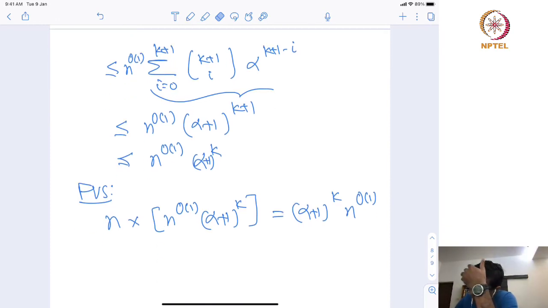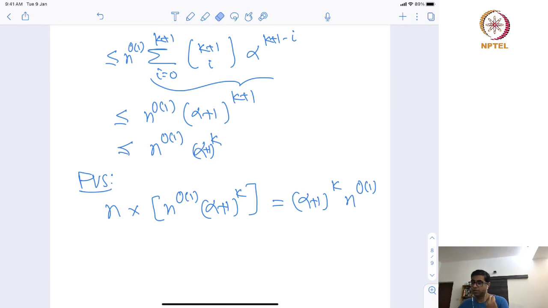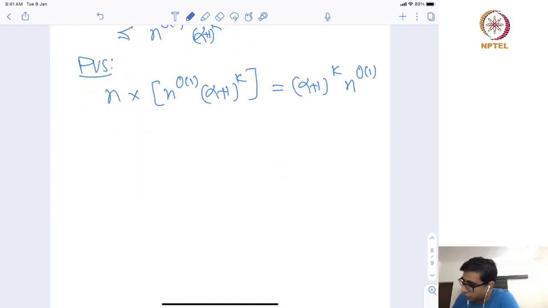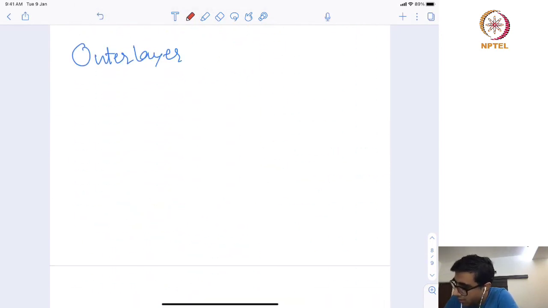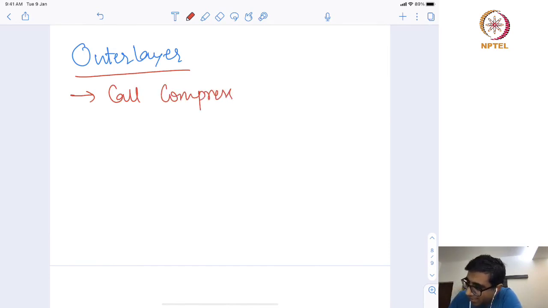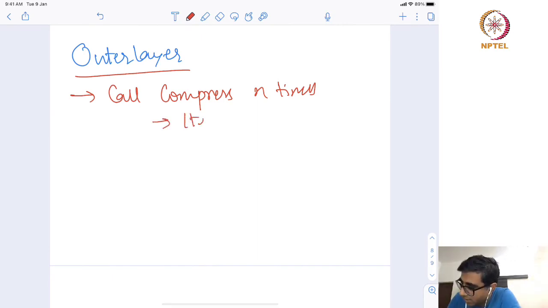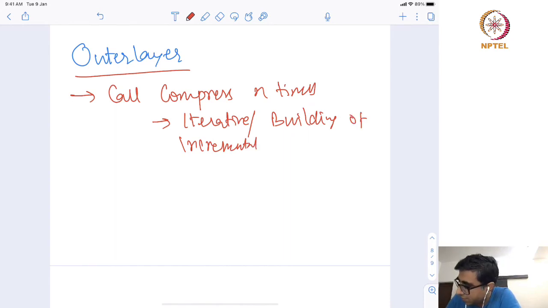So what I'm trying to tell you is that if we can solve the disjoint compression problem, then we can solve the main problem. So what we learned: there's an outer layer. What was the outer layer? Call compress n times, and that was because of iterative or incremental building of the instance.